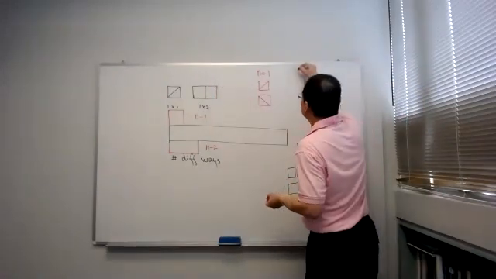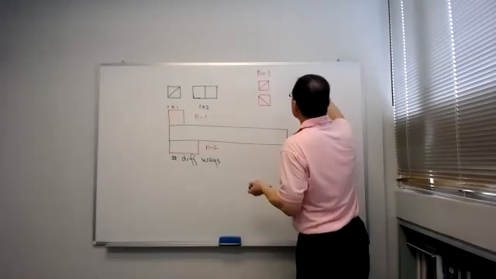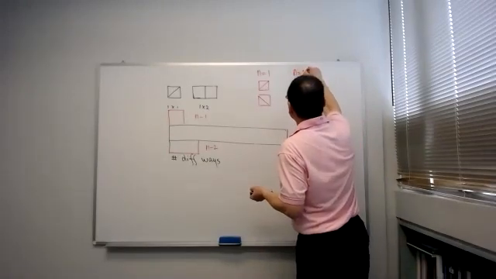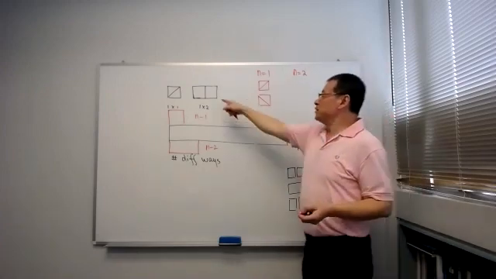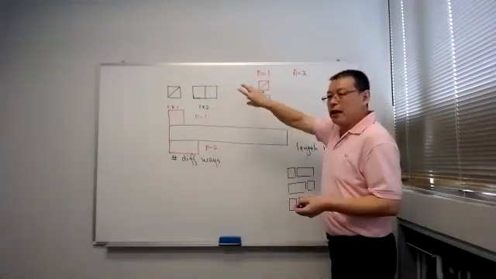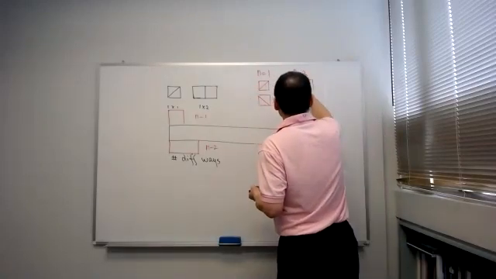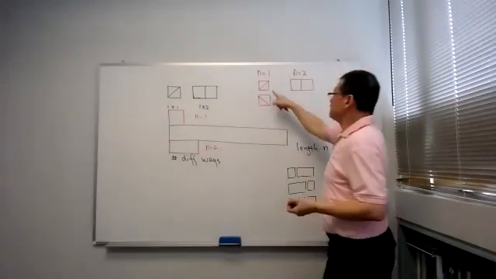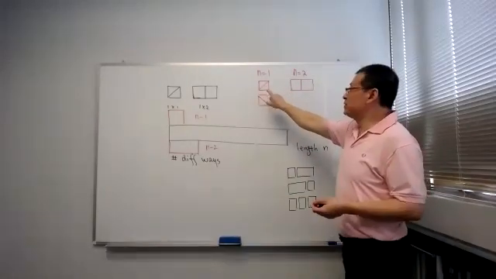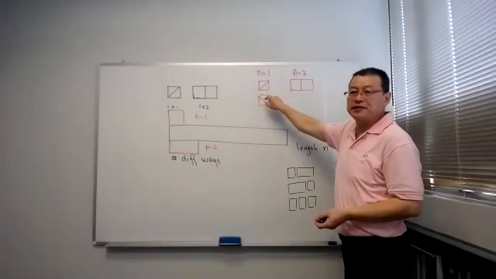So for n equal 2, we can either use this one, and whether it is rotated by 180 degrees it's still the same, so only one way. Or we can use these two, a combination of two different patterns.